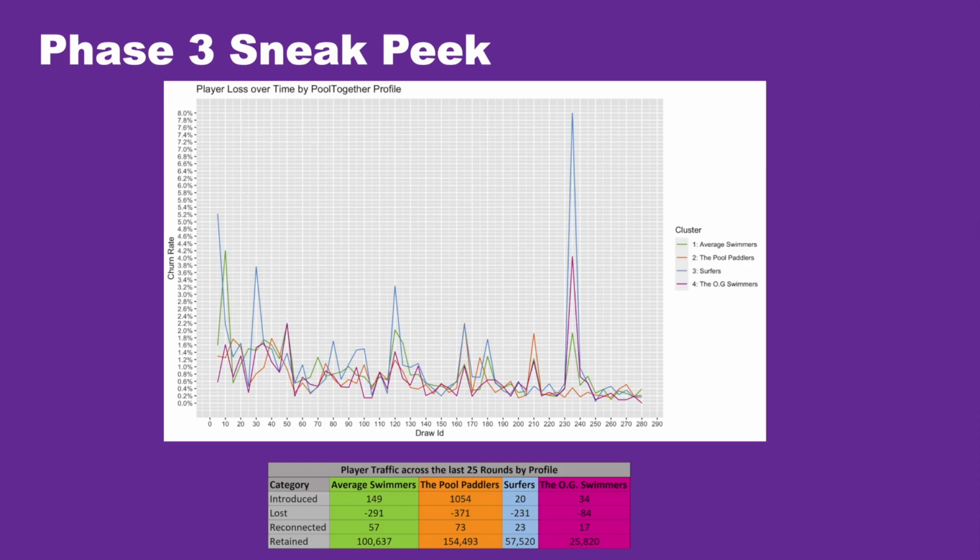That would be interesting because it will tell us our profiles have meaning, interpretation and statistical validity, but it will also allow the people who have a vested interest and a stake in this platform to potentially target particular marketing activities at particular users based on what we're seeing in these profiles.